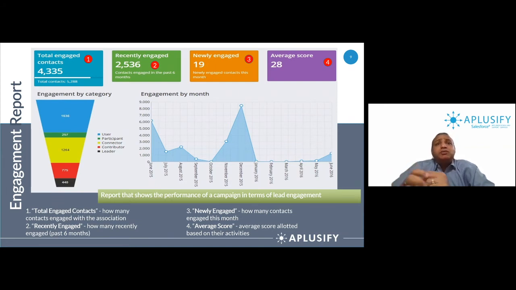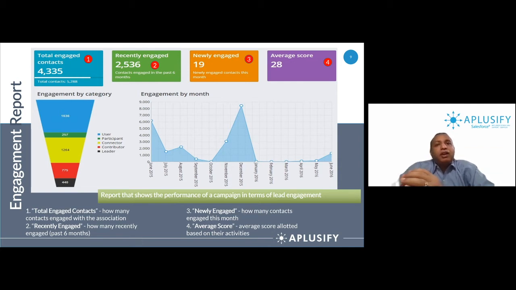And then you can have engagement by month. So if you see this chart, you can see that December 2015 was the month where most of the members got engaged, right? And then you had a lean period from January 2016 to May 2016. So as an association member or an association owner, you can see what happened between January and May, when the members were not engaged.